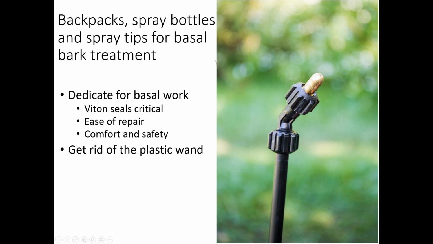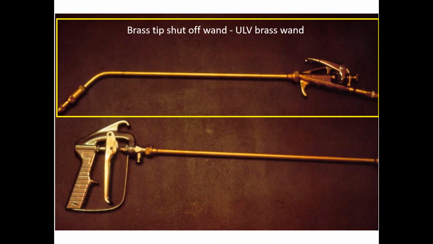You can put it in the toolbox for later emergencies, but I strongly recommend moving to some sort of brass wand if possible. The Cadillacs, of course, are these brass tip shutoff wands, ultra low volume brass wands that are available for sale. They're very expensive, but they tend to be really, really good for basal bark.